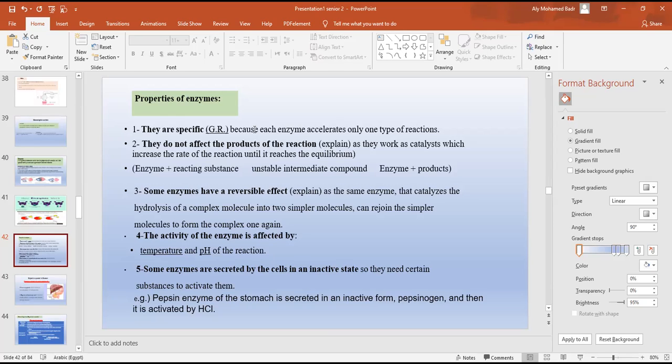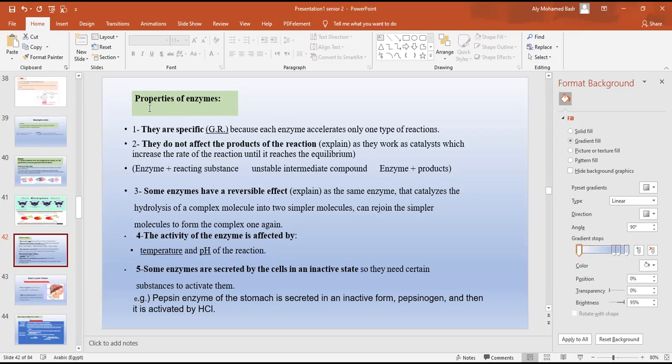So this makes the enzyme, or the protein, very sensitive to two main things: the temperature and the pH. The temperature affects the enzyme, and the pH value is the concentration of hydrogen ions inside the solution.